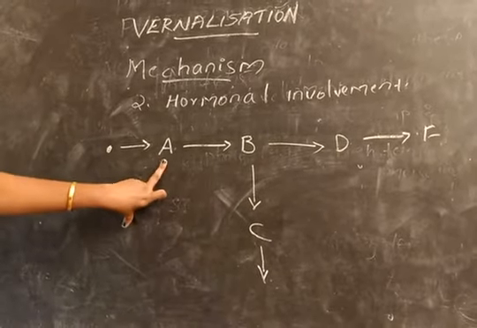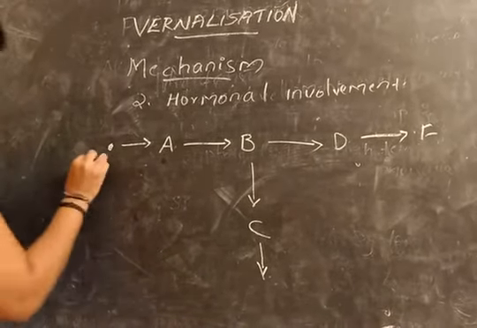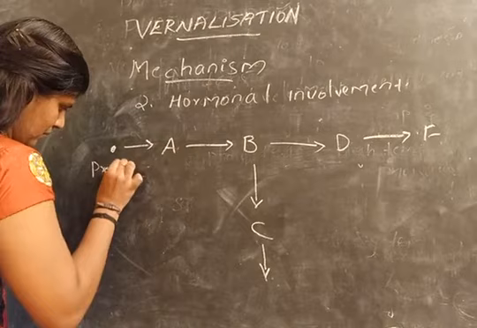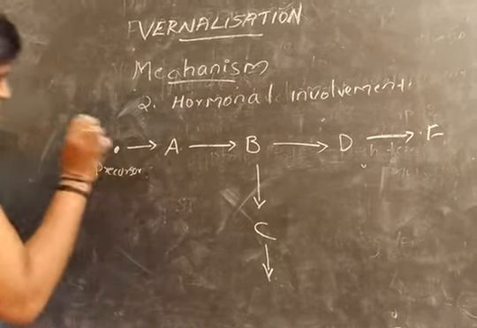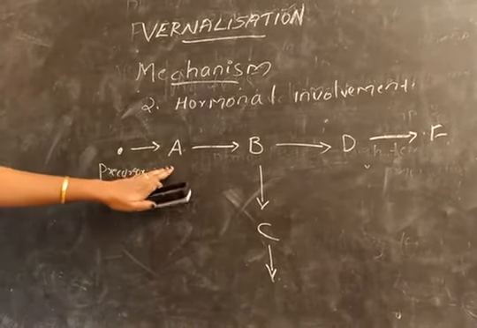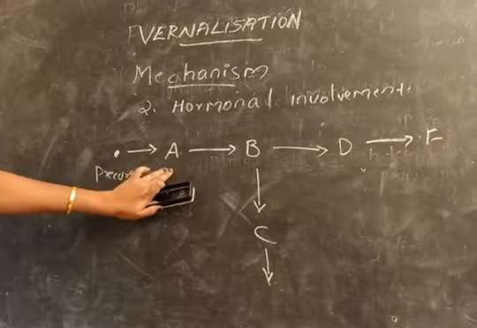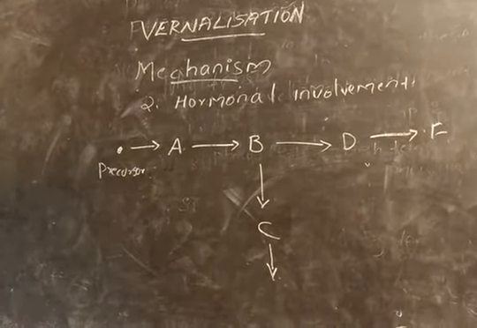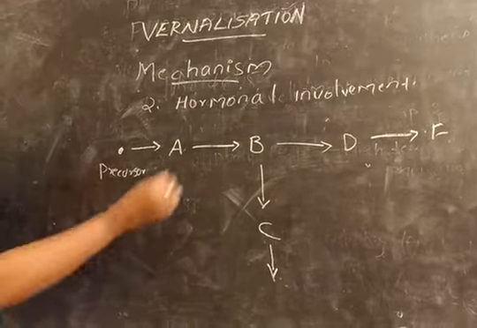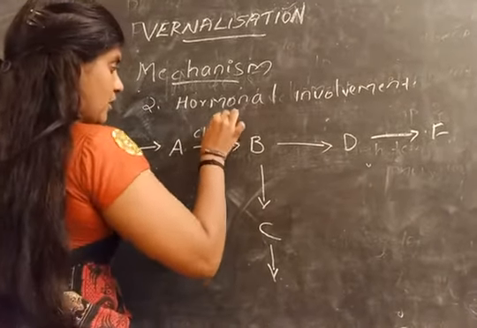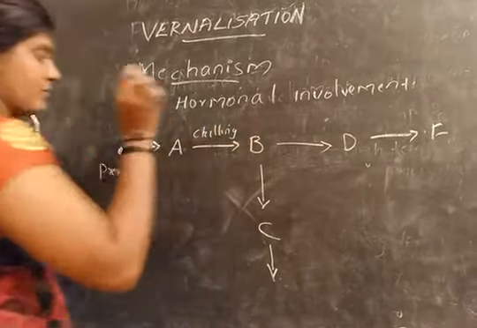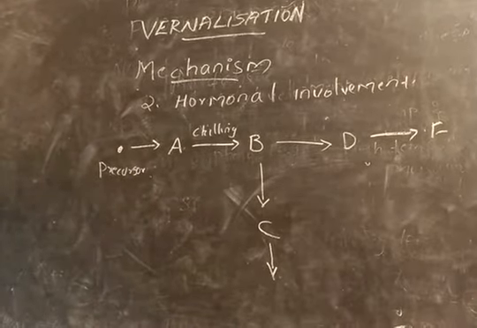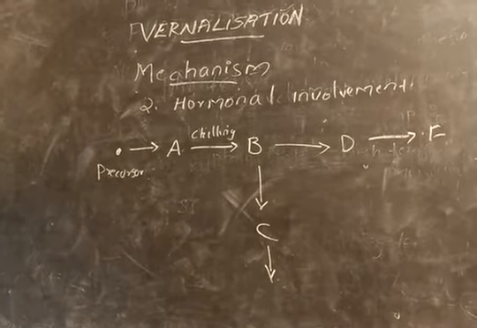A is a substance which is formed from a precursor molecule, and this A is converted to B after chilling. And this B is highly unstable.